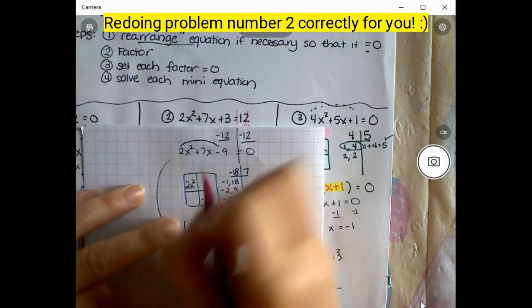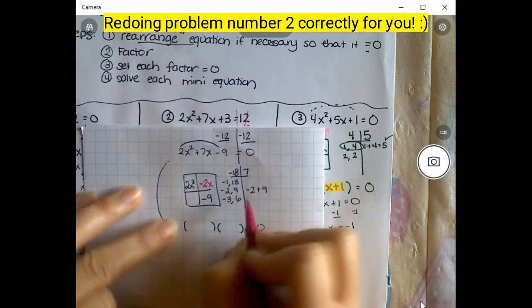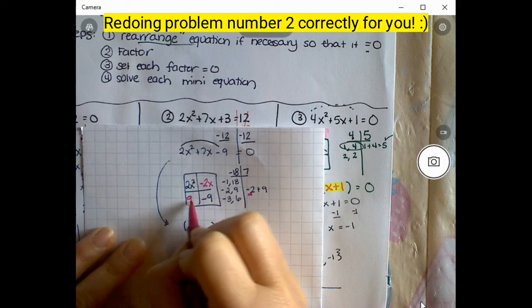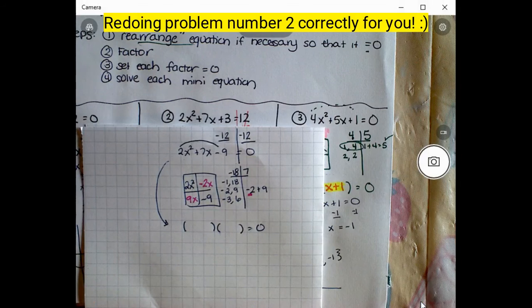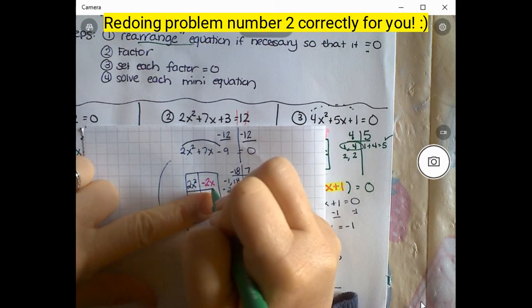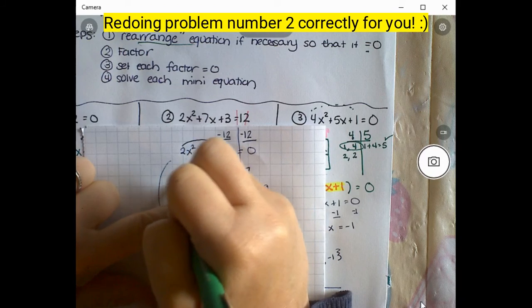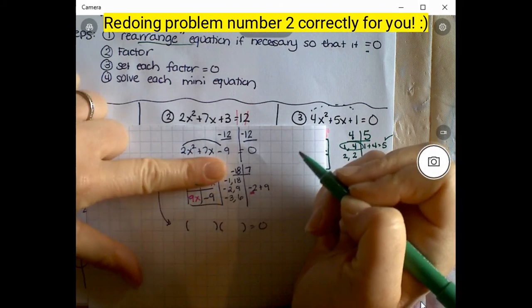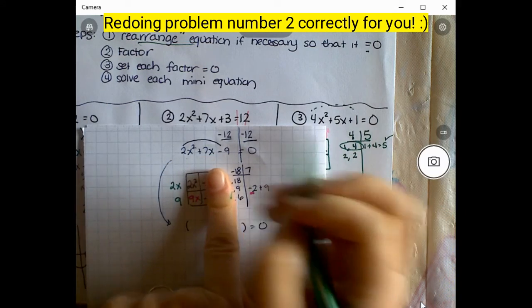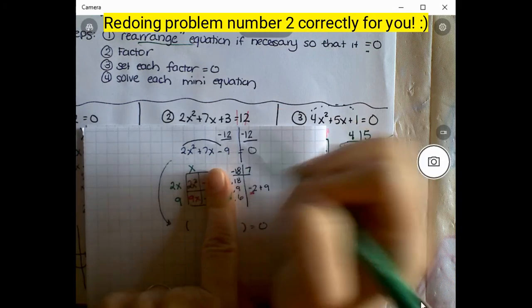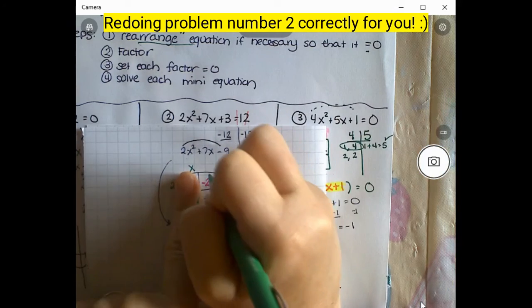I see it now. So negative 2x would go here from here. 9x would go there. All right. Now, GCF. Both of these are divisible by 2x. GCF, 9. GCF, x. GCF, negative 2.